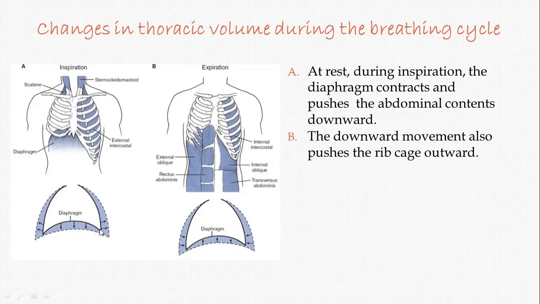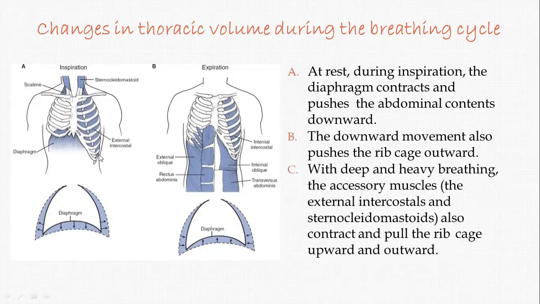Along with that, there is also a rib cage movement which is outwards. As the diaphragm goes downwards, this rib cage, which is here at this particular position, will also be moved in an outward direction, and that creates an increase in the transverse diameter.